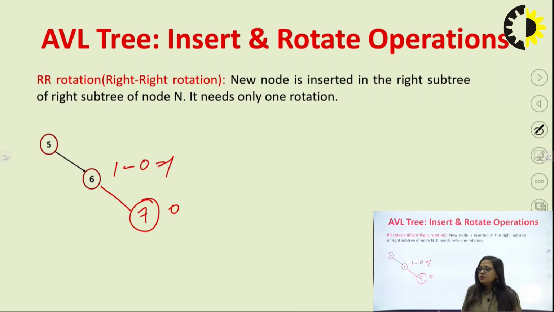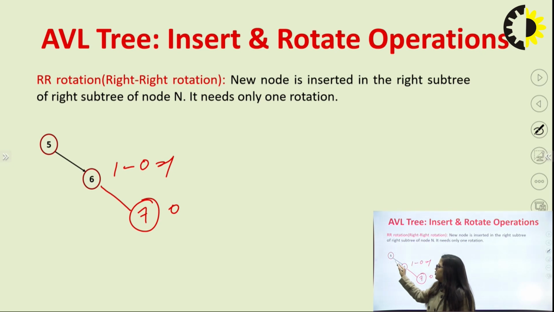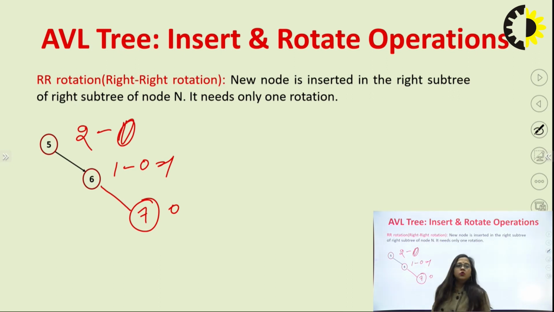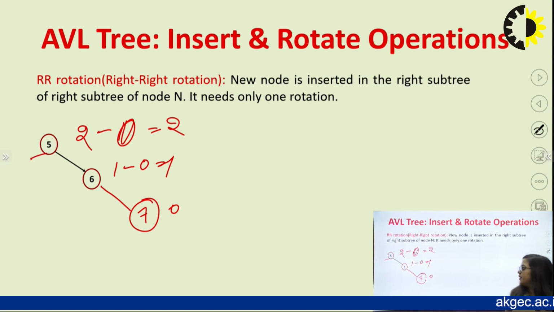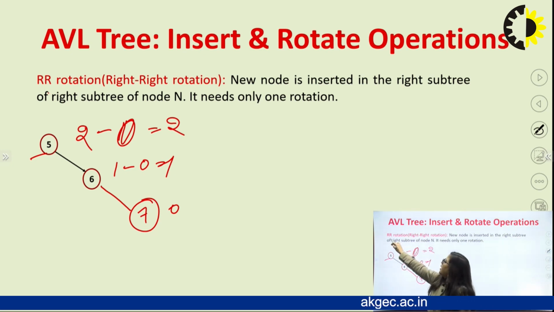No need to change. Now check the next number: 0, 1, and it is 2. So the balance factor of element 5 is 2. So here we need a rotation, that is RR.